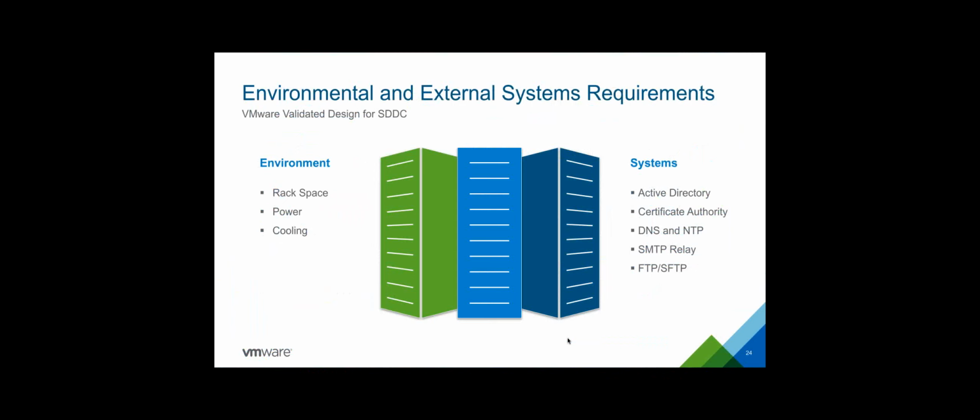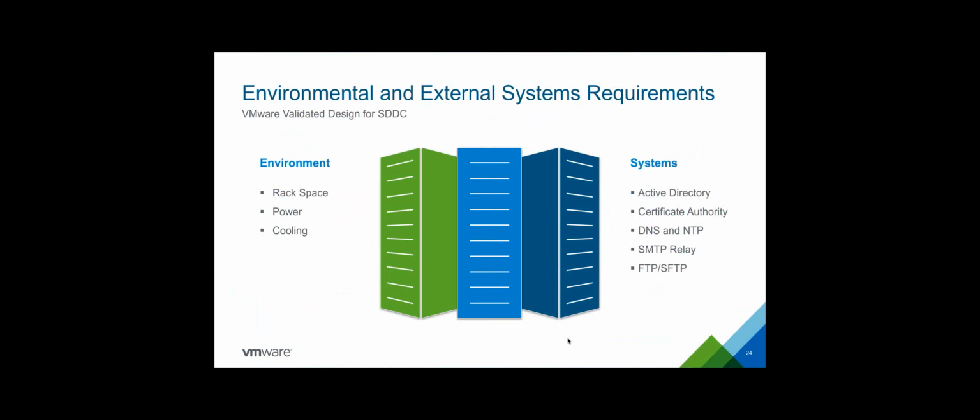SMTP relay, we want to make sure we have an SMTP relay so we can send messages to operators, send alerts, whether it's from vRealize Log Insight or vRealize Operations, or even from vCenter itself or other systems. And then we have the requirement for FTP or SFTP. I like to lean toward the secure file transport.